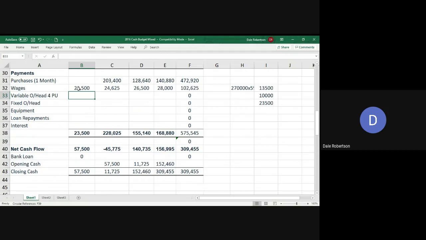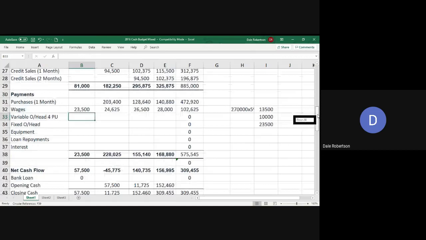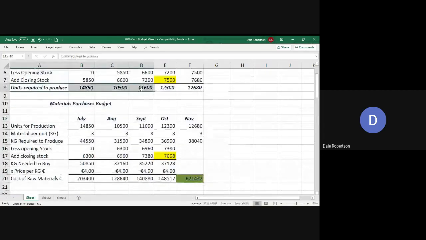Now, the variable overhead per unit. Well, it says in the question that the variable overhead is €4 per unit. I've just made a note of that here. What units are they discussing here? Well, you need to go all the way back to the top of the question. The answer to part A, these units here, and we're just going to multiply those by €4 per unit.